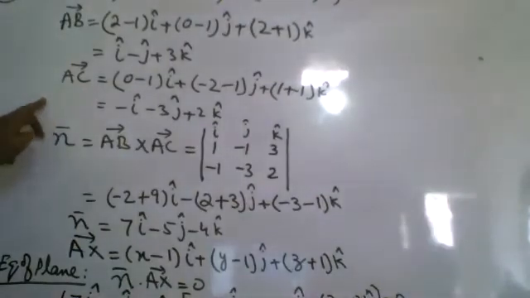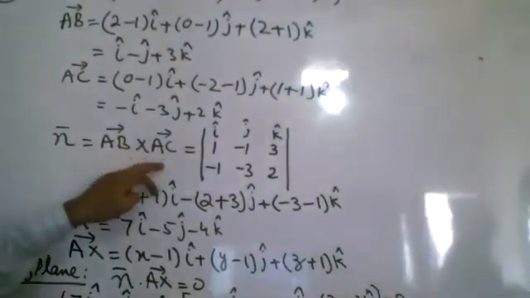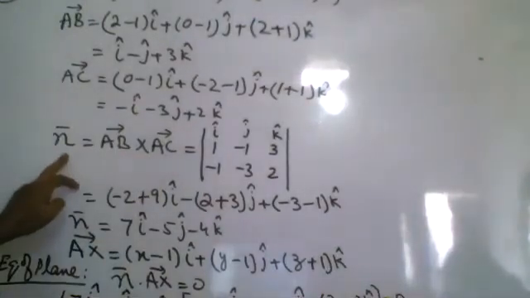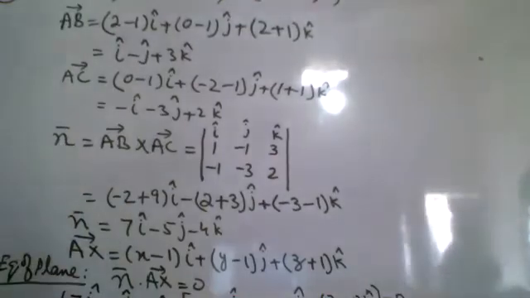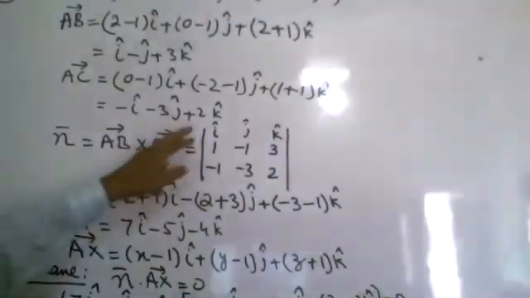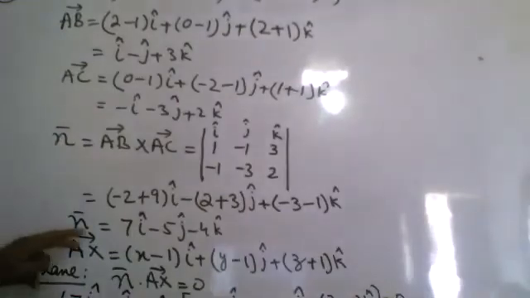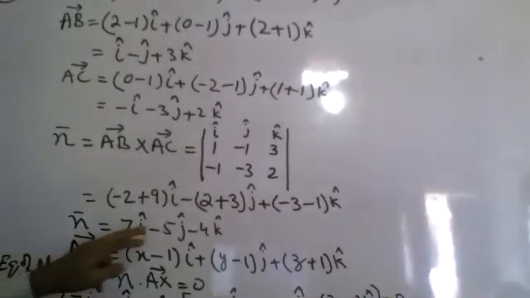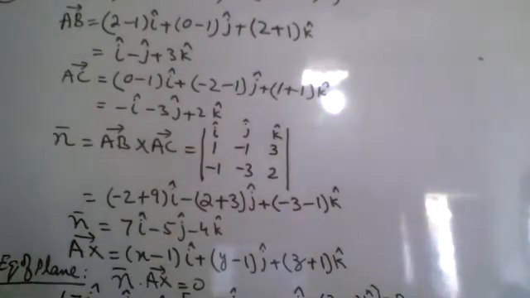Then we took the cross product of AB and AC to find the normal vector, because when we take the cross product of two vectors, the answer is normal to both the vectors. This is the property of the cross product. AB cross AC gives the normal vector, 7i minus 5j minus 4k.